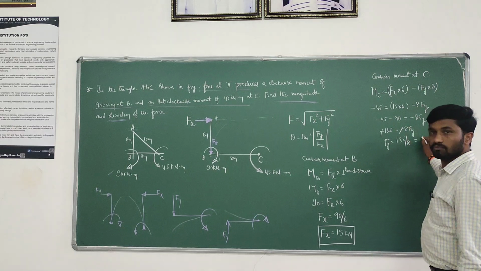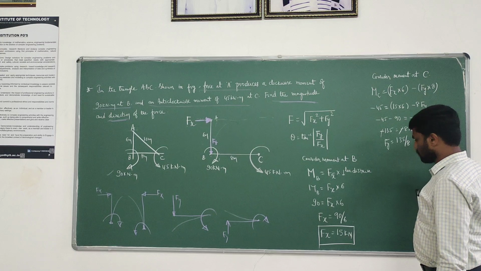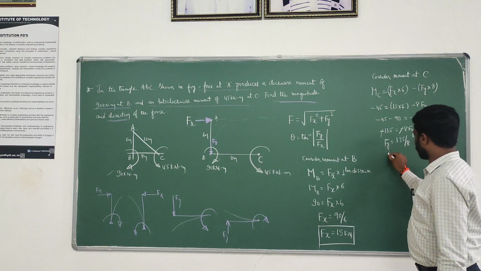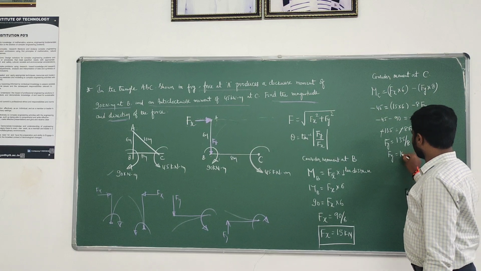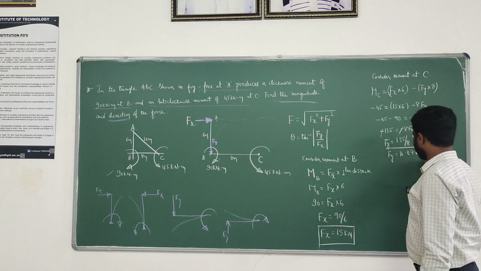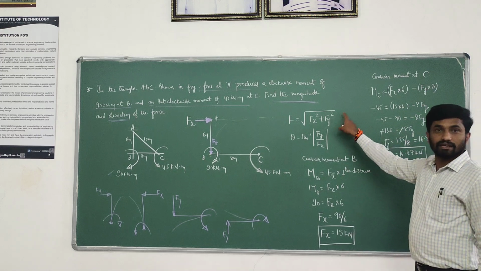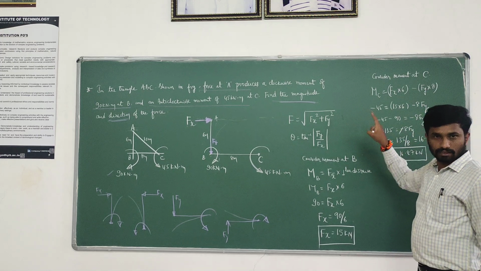How much? 16.87 kilonewton. So Fy equals 16.87 kilonewton. Now, what is the single magnitude F and theta?